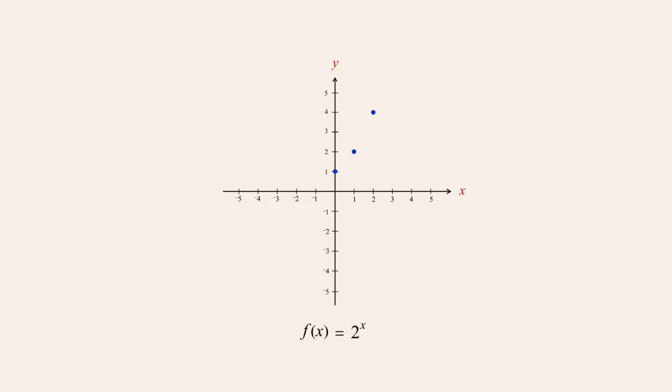When x is negative, any number with a negative exponent is equal to 1 over that number with the same positive exponent. So 2 with an exponent of negative 1 is equal to 1 over 2 with an exponent of positive 1, or 1/2.